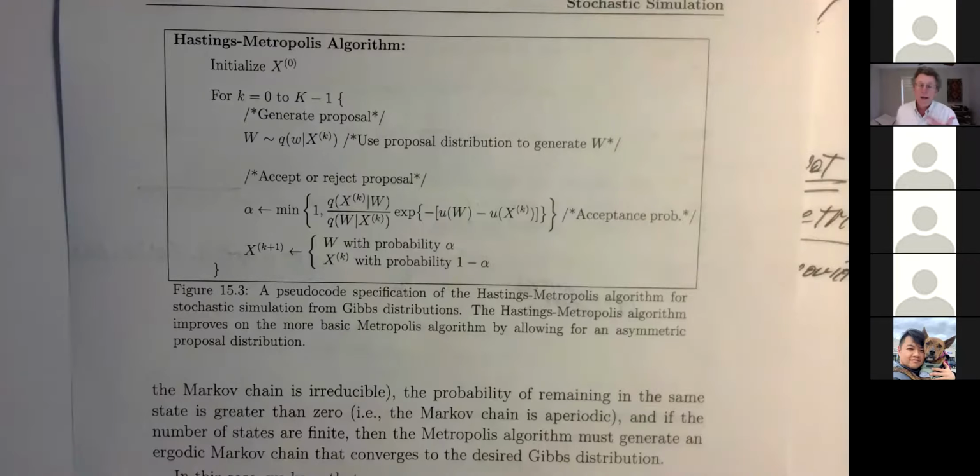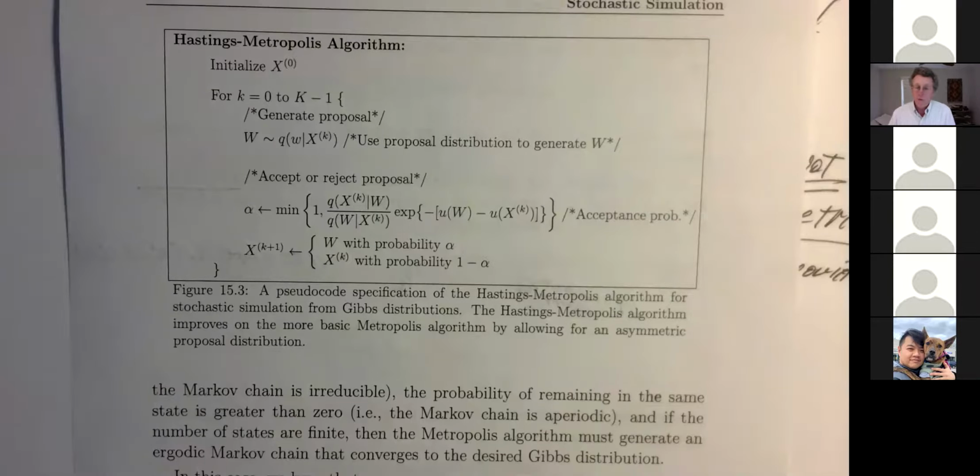So intuitively you'd like to make proposals that have a good chance of being accepted. On the other hand, you can make proposals which are very small perturbations of your current state. Then it's not likely the energy is going to change very much, so you'll almost always accept it, but the state's not changing very much. So you need to strike a balance.